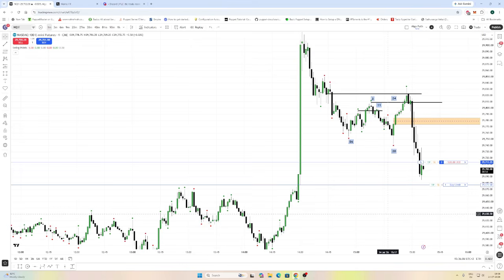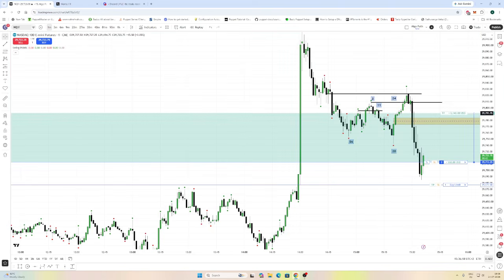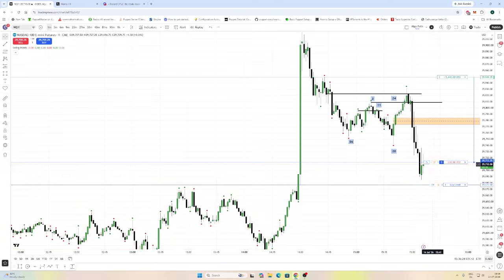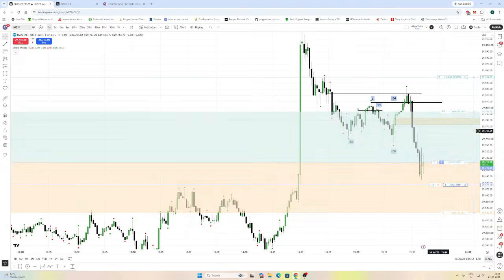In hindsight, the chart looks all perfect, where we could have entered here, sold there, all that. But now we are at the 36th candle. This should leave and we should hit this FVG, these highs. So maybe we take a partial there.